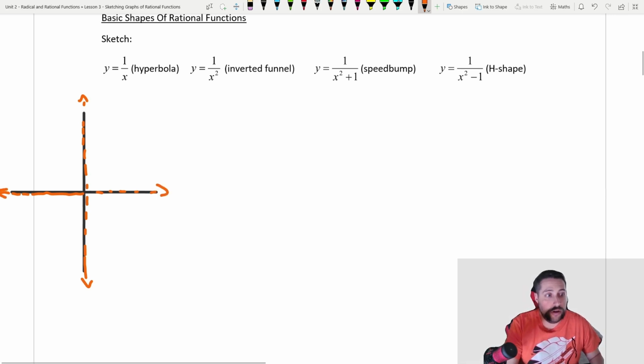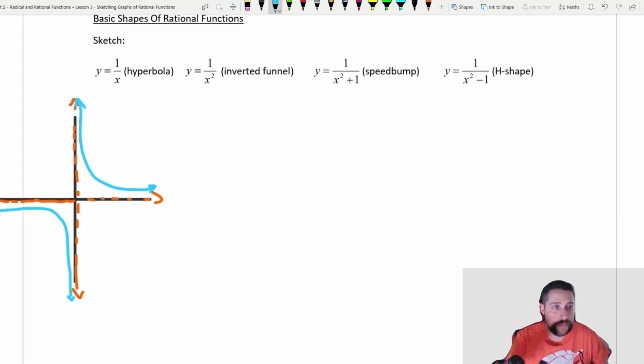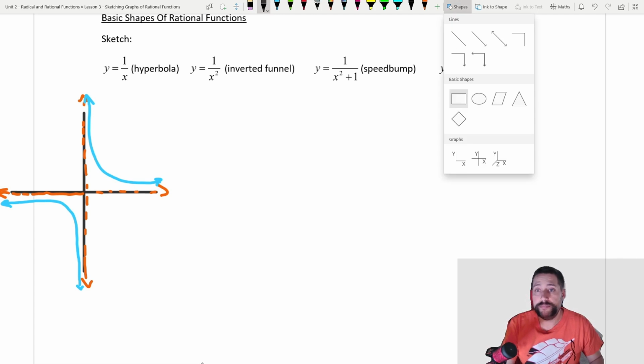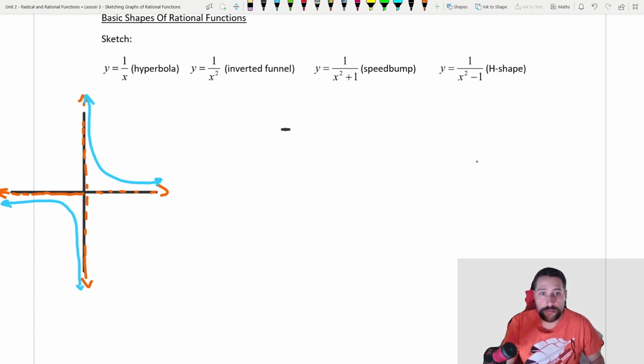You have your asymptotes there, and then the graph will look something like this. This is called a hyperbola, very similar to how we started graphing in lesson 2, part 1. The next one is called an inverted funnel.